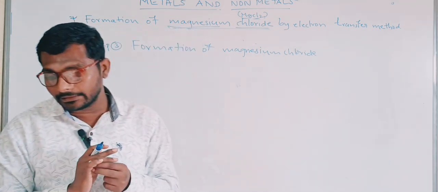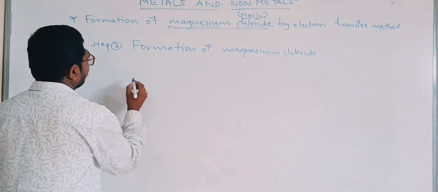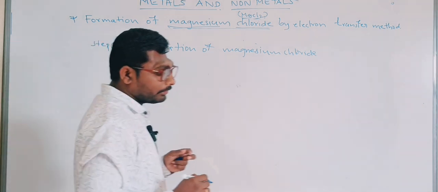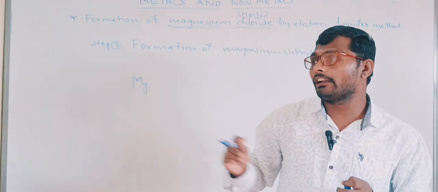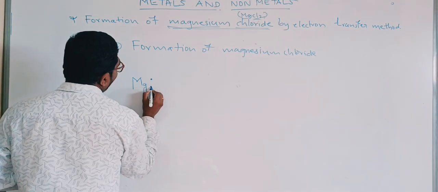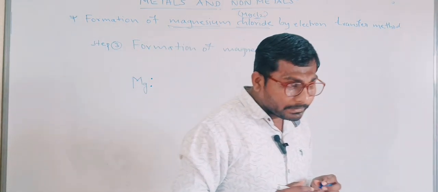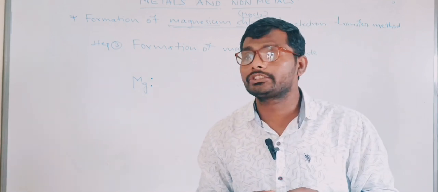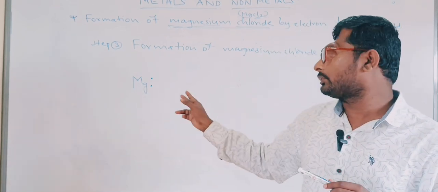So I will write its dot structure. How will we write the dot structure? You know the valence electrons, meaning the number of electrons present in the outermost shell. So I will represent the dot structure of magnesium: Mg with two dots. The outermost shell has 2 electrons.